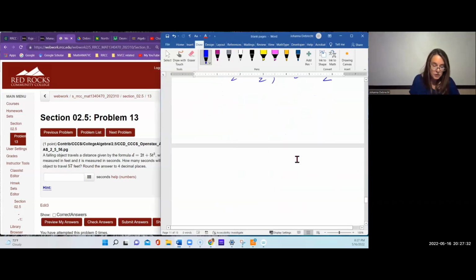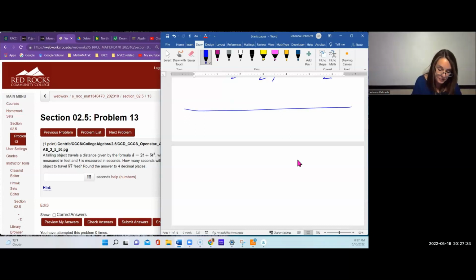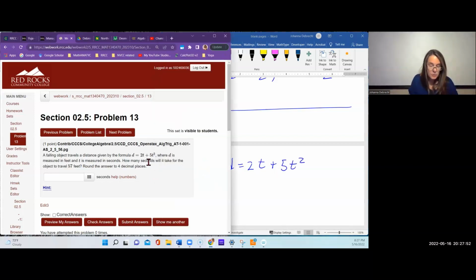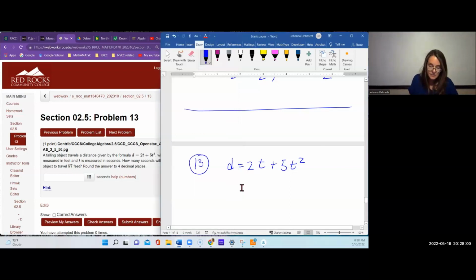What we're going to do in this problem is write down the equation and talk through what you would do, and then I'll let you work on it on your own at home. When we have this equation, we have d equals 2t plus 5t squared. Then they tell us that we're to find how many seconds, which is t, for the object to travel 57 feet, which is d.